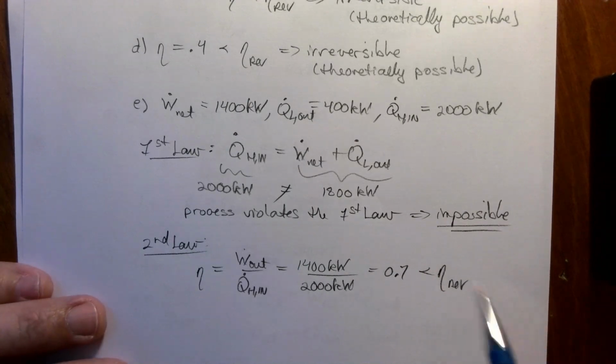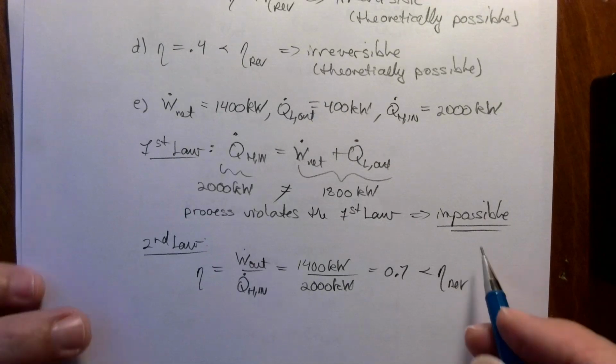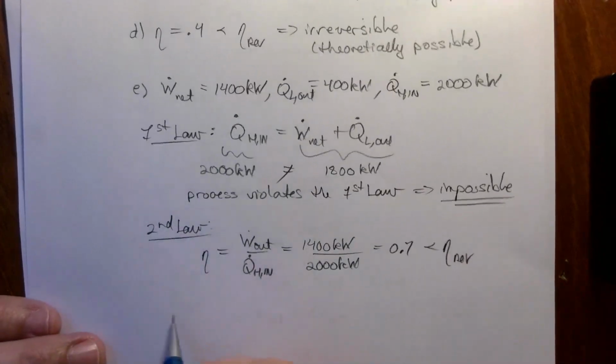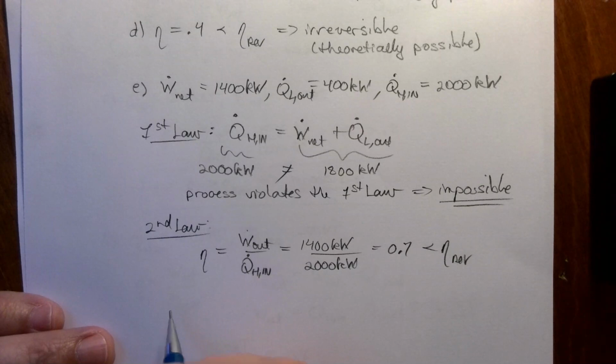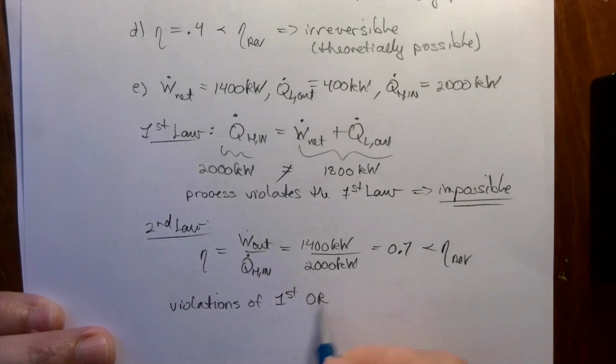So this doesn't violate the second law. We're good on the second law, but that's okay. A violation in either the first or the second law implies that this is impossible.